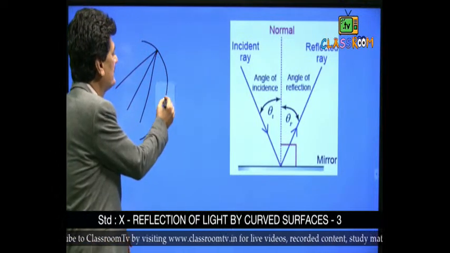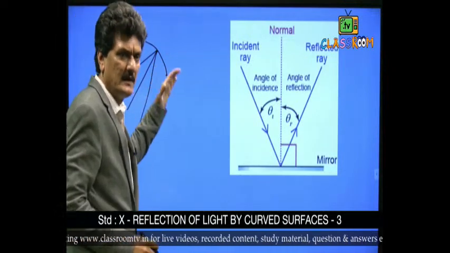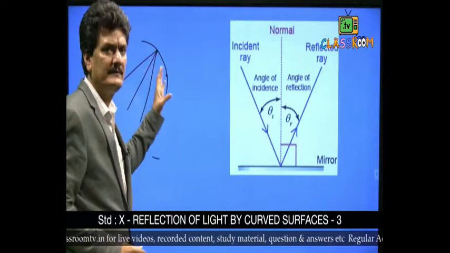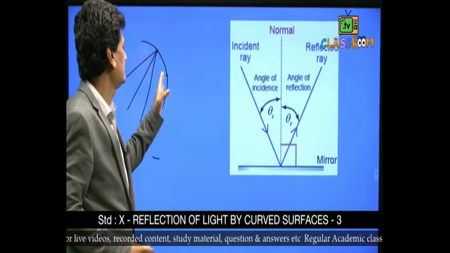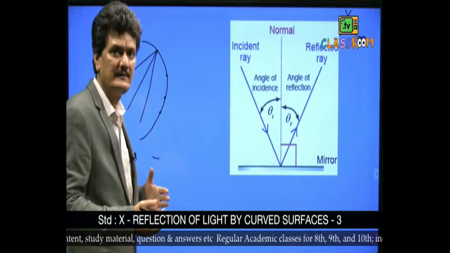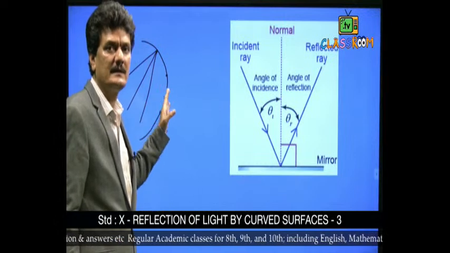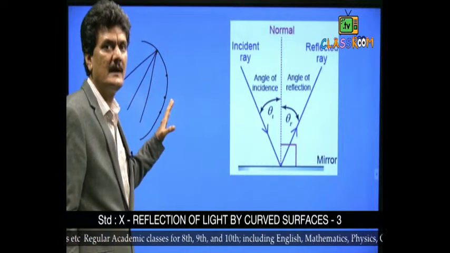The incident ray may be striking anywhere on the curved surface, and at that point there will be a number of inclined lines, and amongst them we have to find out which line is perpendicular to the mirror, and that line will be the normal.